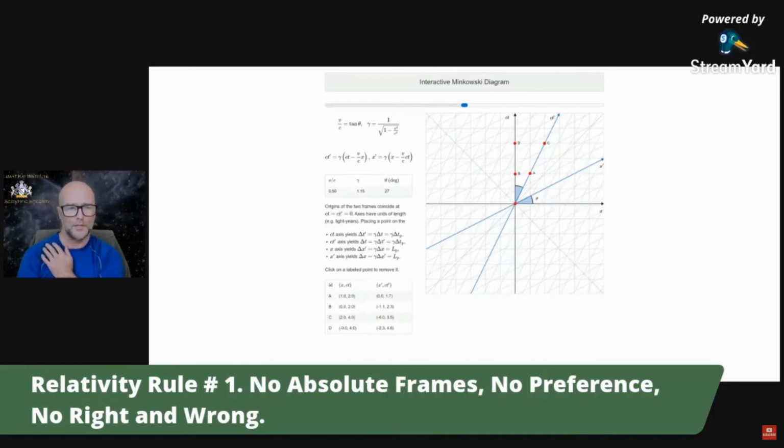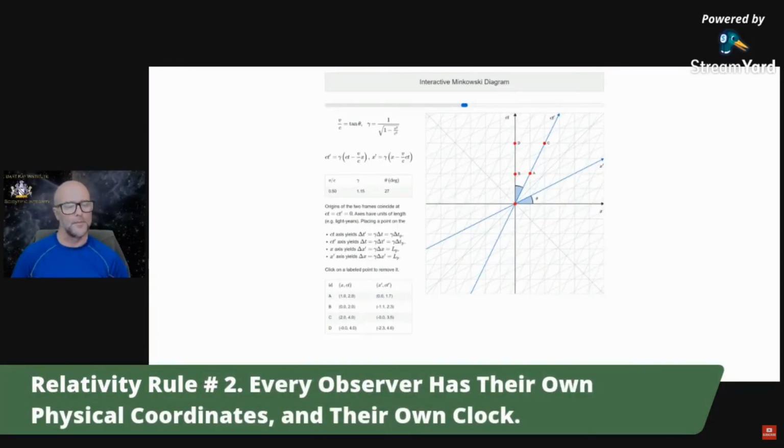And no point of view has preference. And there is no right and wrong. If you also look at rule number 2, it says every observer has their own physical coordinates and their own clock. And they don't move with respect to themselves.